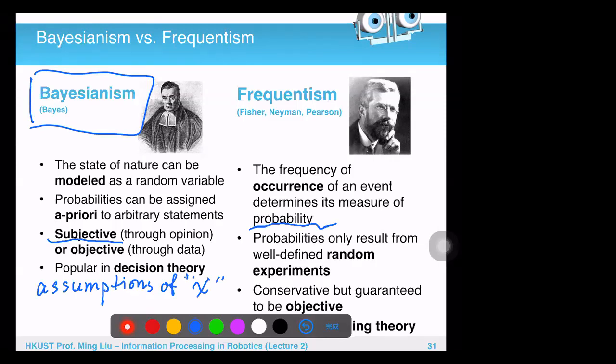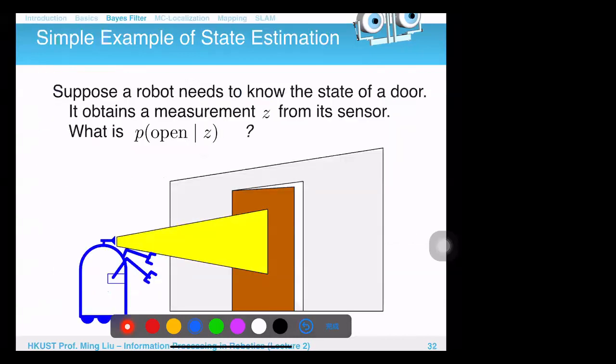Okay, last time we stopped somewhere at this example. Suppose you have a robot. This robot needs to know the state of a door, and there is a sensor at the top of this robot.